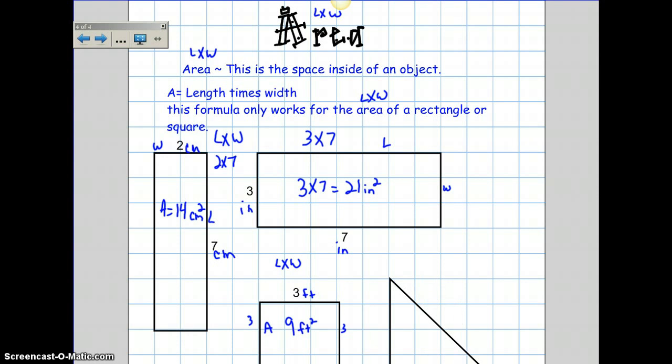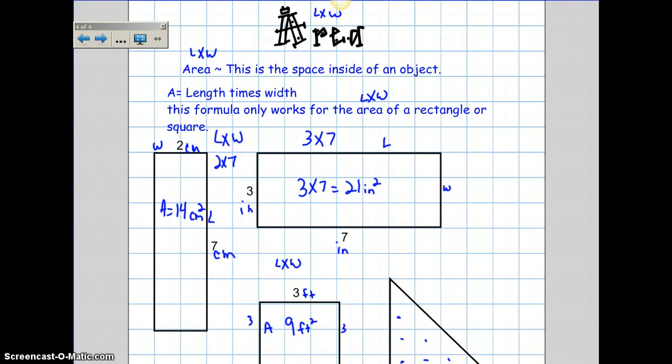Now here I have a triangle, and my triangle got cut off down at the bottom, but I'm going to work this anyway, because I want you to understand that if you come to a shape like a triangle or a pentagon, you have to count the squares. I'm going to count the full squares first. There's one here, 2, 3, 4, 5, 6 full squares.